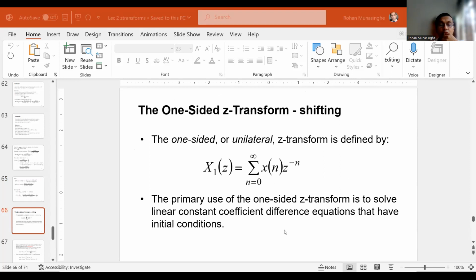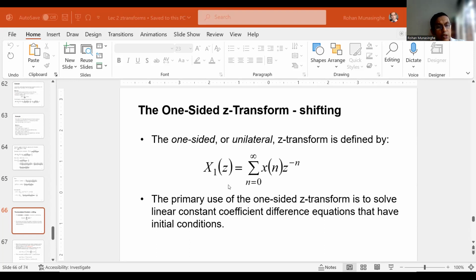Now, this one-sided zTransform is what is most frequently applicable, whereas in theory, you have the double-sided sequence, which is from negative infinity to positive infinity. But for all engineering applications, it is from 0 to infinity, which is one-sided.